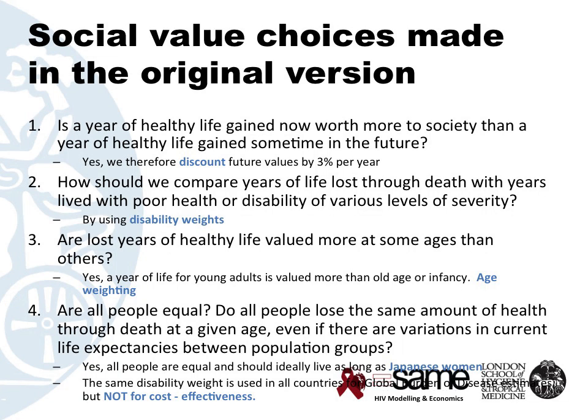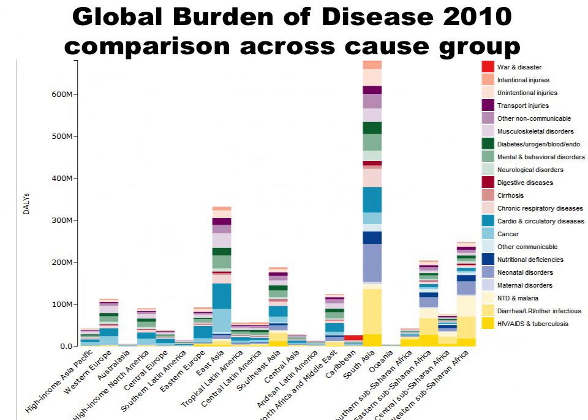So these are just some of the social values underlying the DALY estimates that are in the global burden of disease and in the equation. So I want to give you an example of how DALYs have been used, and maybe some of you are familiar with this. This is an example from the Global Burden of Disease 2010, which has just come out, and maybe some of you have seen the Lancet papers that have been coming out over the past year. This shows the global burden of disease as represented by DALYs.